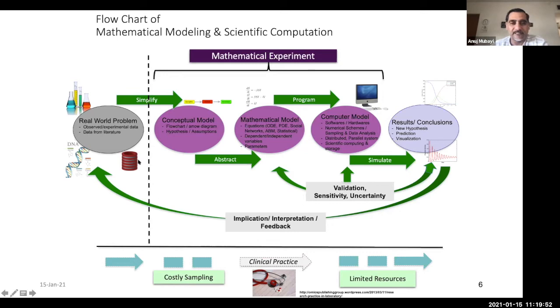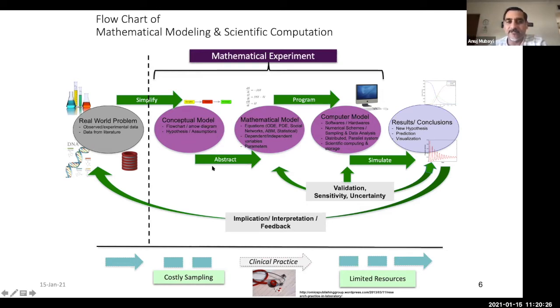To do something like models, you have a real world problem, you conceptualize it in a very simple way. Real life is extremely complex, everything is intertwined together, so you conceptualize the idea in terms of a flow chart. What are the critical aspects for your research question? Not in general. You cannot solve every problem in nature, but at least you can understand the small phenomena happening in nature.